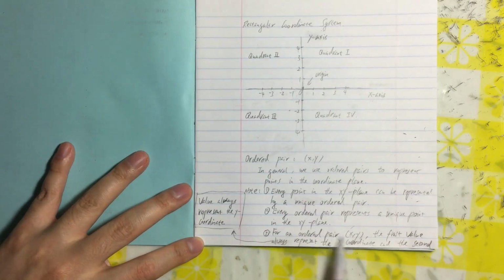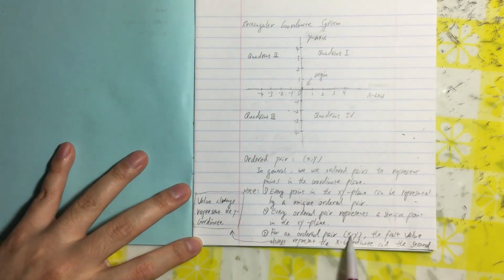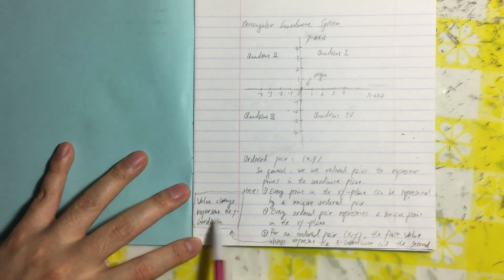The first value always represents the x coordinate. And the second value always represents the y coordinate.